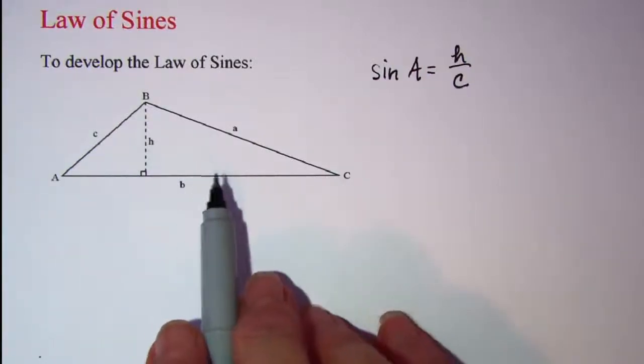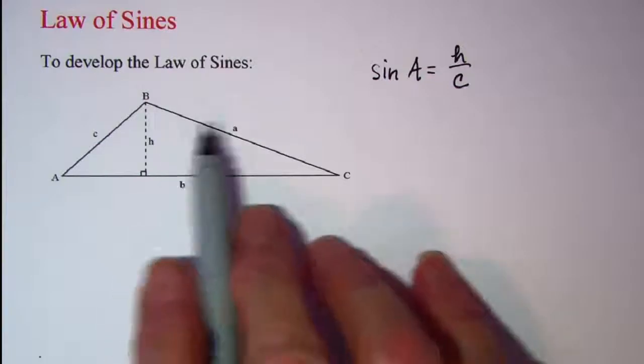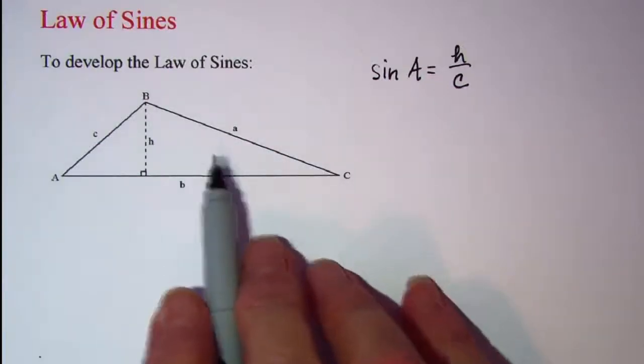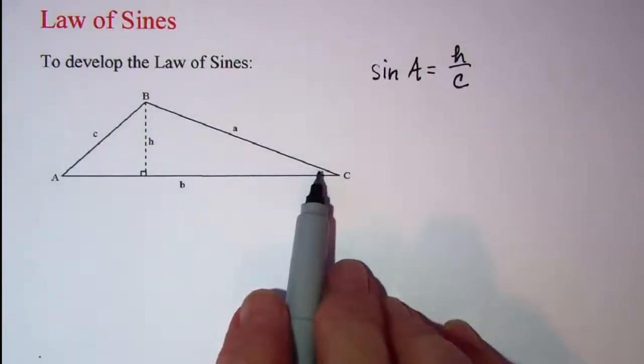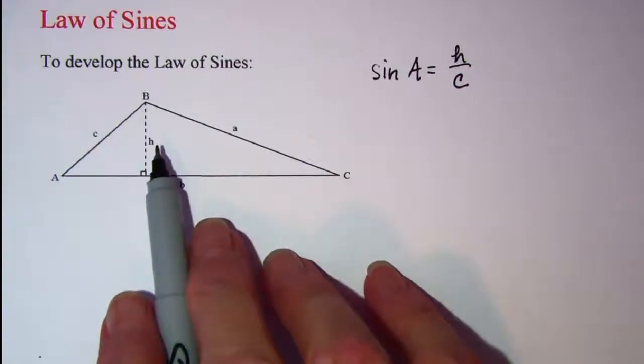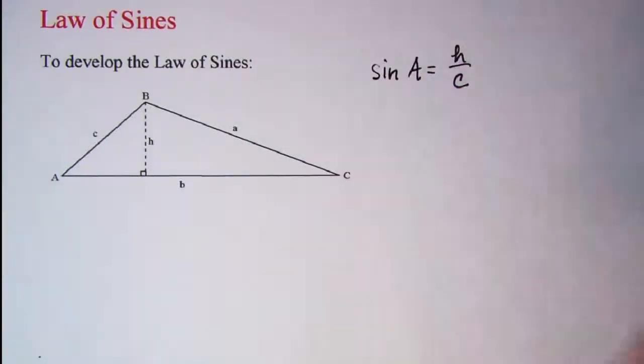So again, I can't use that in my right triangle here, but I can talk about the sine of angle C is equal to H over A.